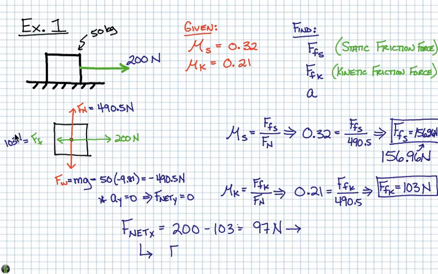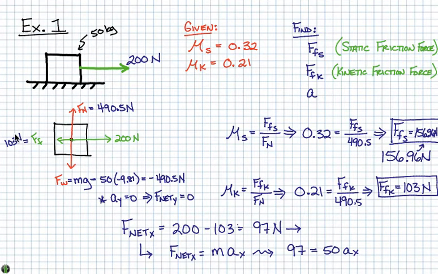If we use Newton's second law, we should realize that the net force in the x direction equals the mass times the acceleration in the x direction. It's just F equals ma applied only in the x direction. We know that the net force in the x direction is 97. We know that the mass is 50 kilograms, and we're looking for the acceleration.